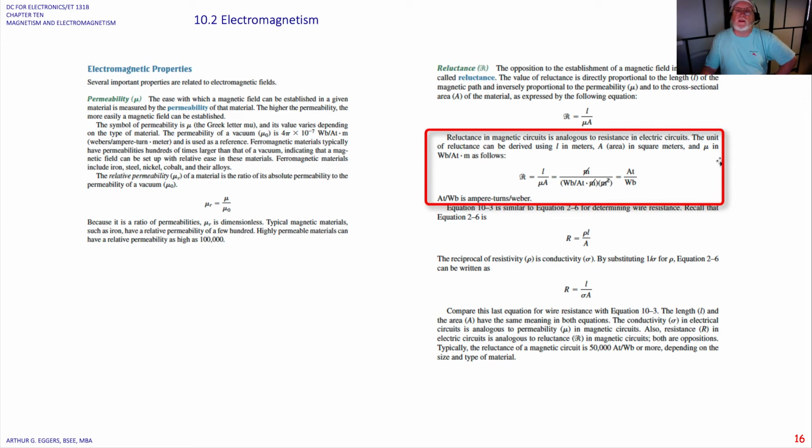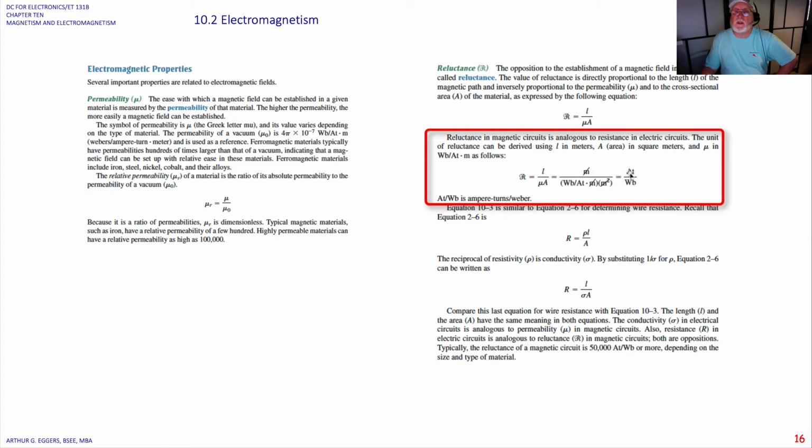The unit of reluctance can be derived using L in meters, A area in meters squared, and mu in Webers per ampere turn meters, as follows. So we lay it out here. Reluctance is equal to L over mu A, which is equal to, there's our expanded units.